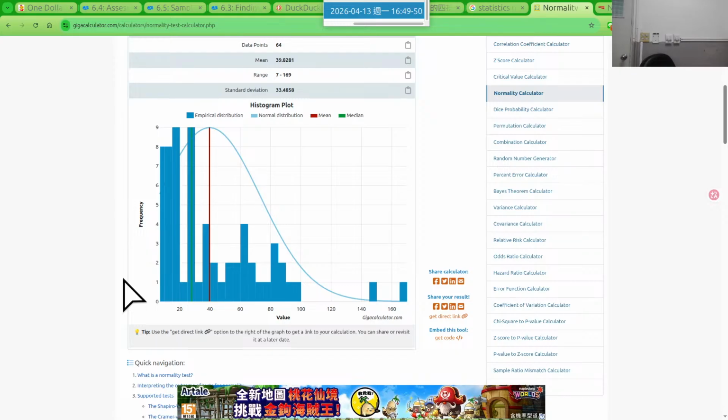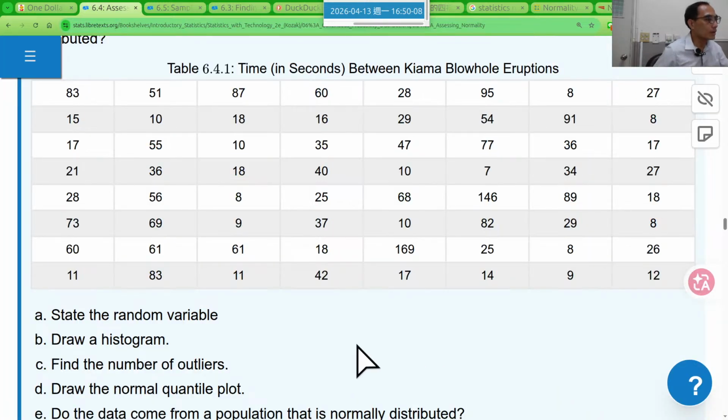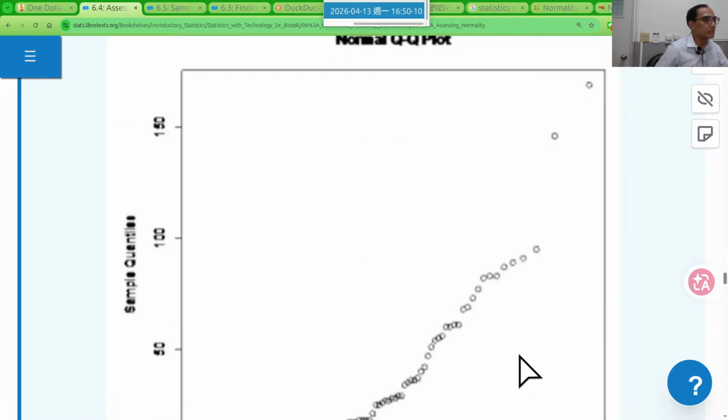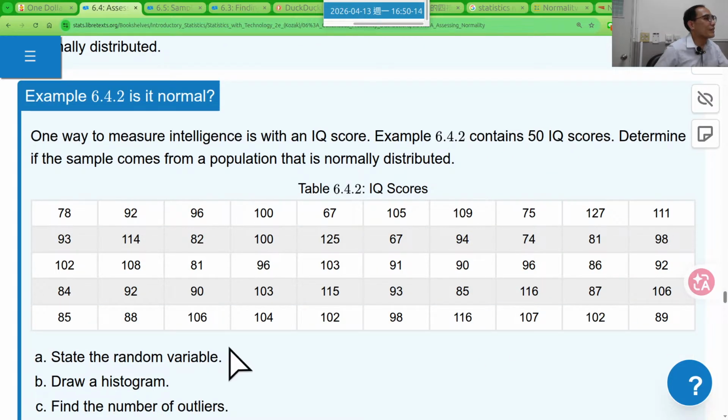They are outliers like this one. Thus, we consider this not a normal distribution.